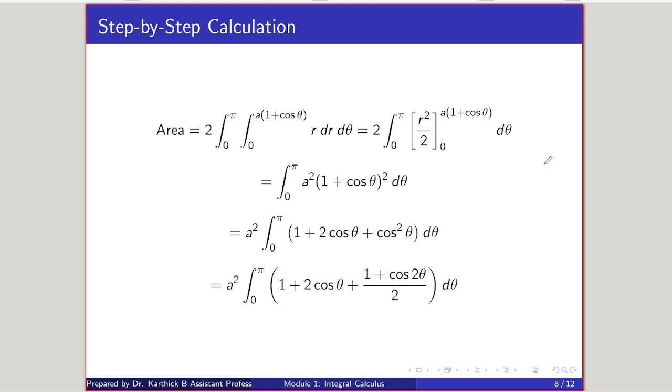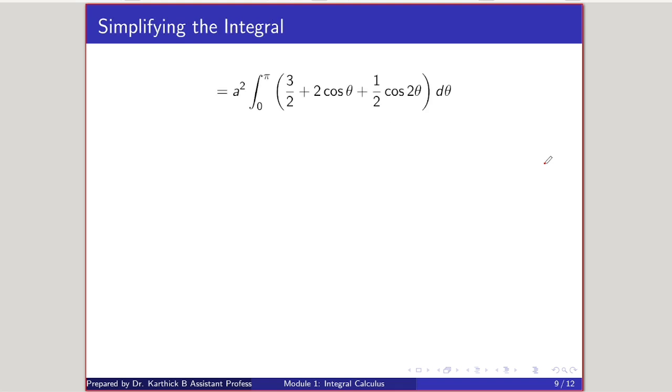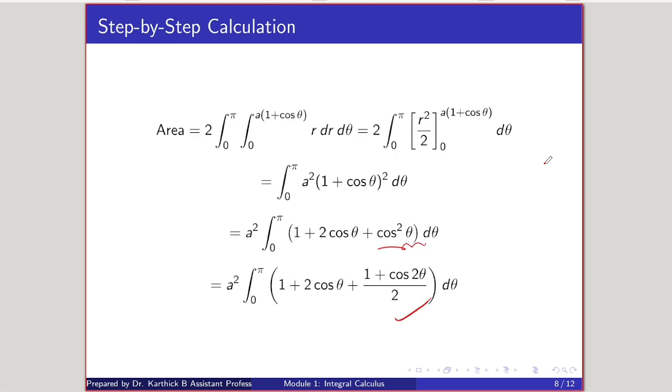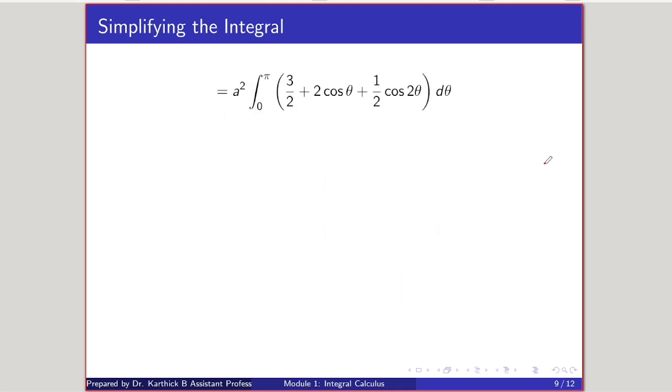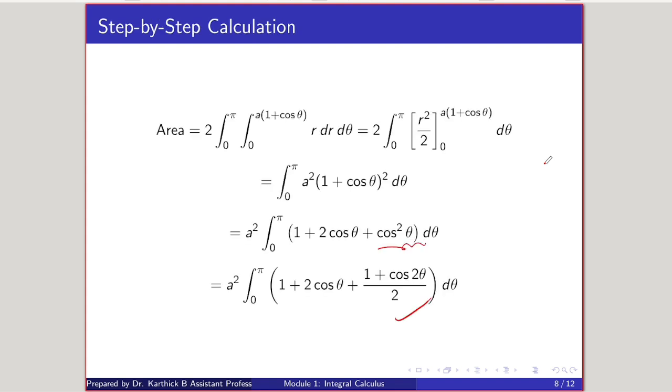Before the integration, we know that cos square theta can be written as 1 plus cos 2 theta by 2. Then we can simplify the term to 3 by 2: 3 by 2 comes from the 1, and splitting the term, it is 1 by 2 plus cos 2 theta by 2.